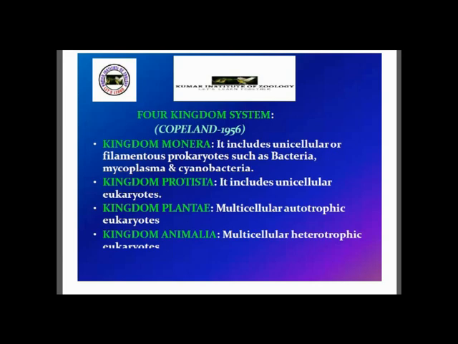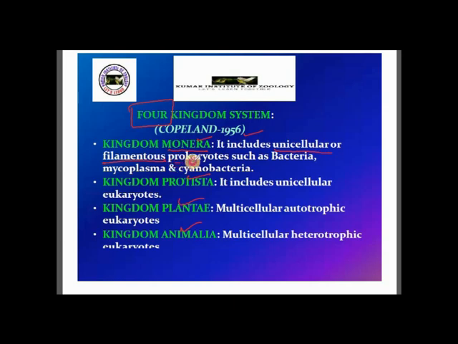And after that, Copeland in 1956 classified into a four kingdom structure: Monera, Protista, Plantae, Animalia. So Monera was created by Copeland, it includes unicellular or filamentous prokaryotes. So for the first time the word filamentous.